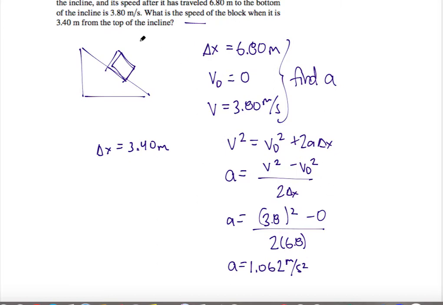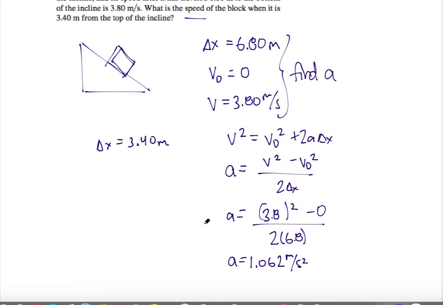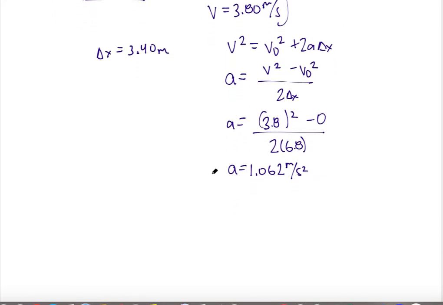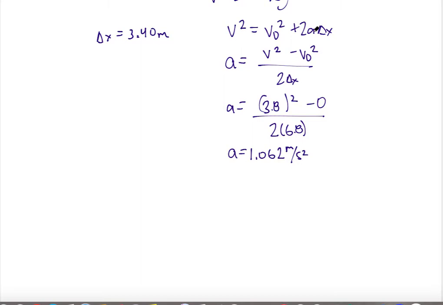So the speed when it's 3.4 meters from the top is going to be the same thing. We're going to use the same equation, but instead of plugging in a final velocity, I'm going to find the final velocity. So v will be the square root of v naught squared plus 2a delta x. Again, I'm solving algebraically before I substitute to cut down on transcription errors.